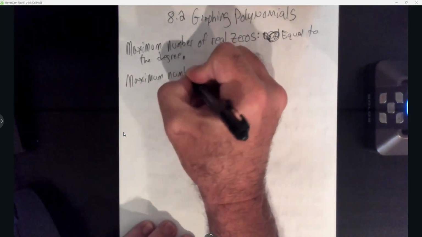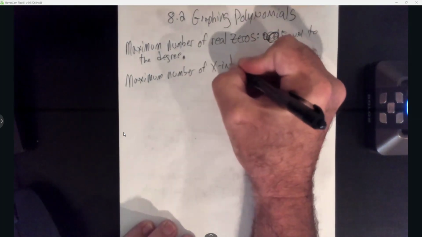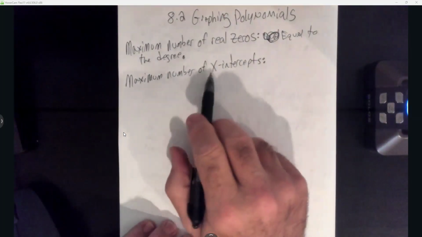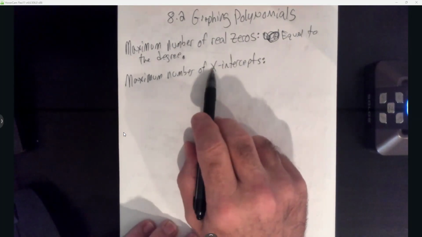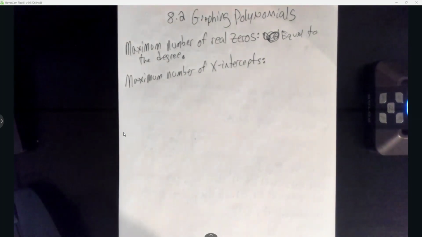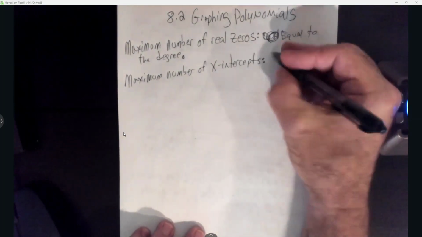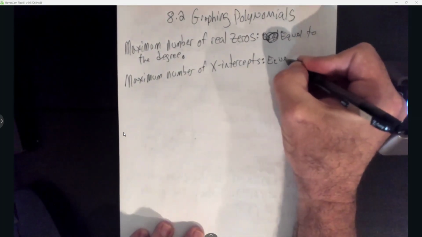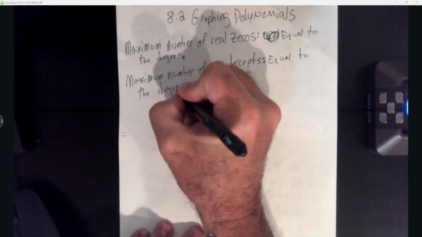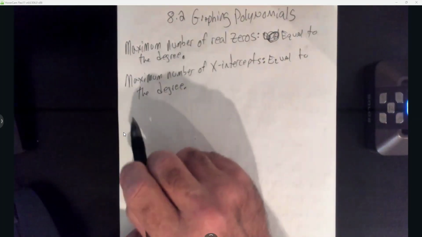Maximum number of x-intercepts. Well, remember, we said that the x-intercepts, the x values, were equal to the zeros. So basically, if my real zeros is equal to the degree, then the maximum number of x-intercepts is equal to the degree. These two will always be the same, okay?